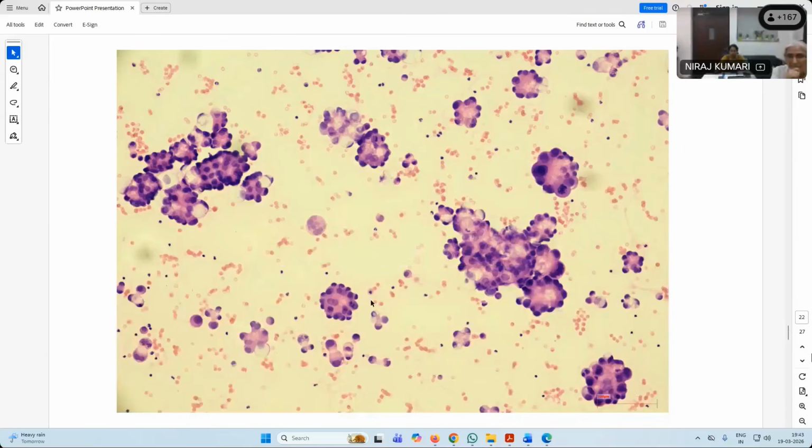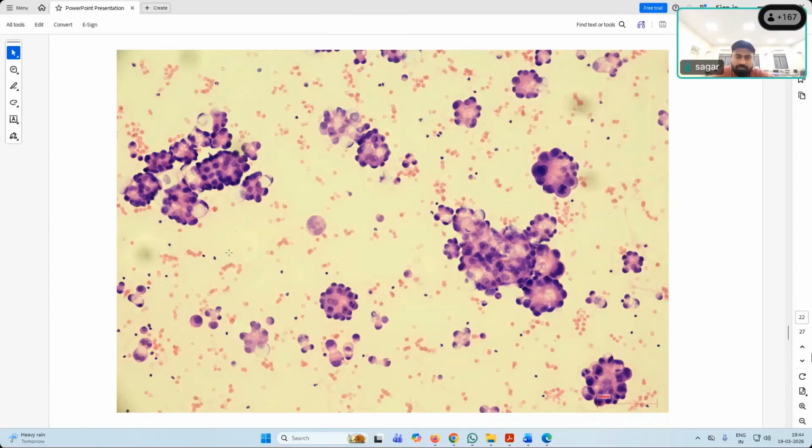Can you describe this image? Cell ball. Okay. Do you have more than one type of cell, or you think all the cells are similar looking? All the cells are kind of similar looking.